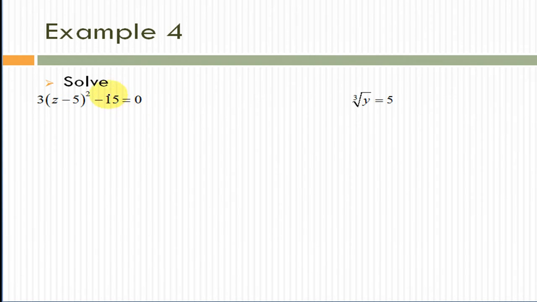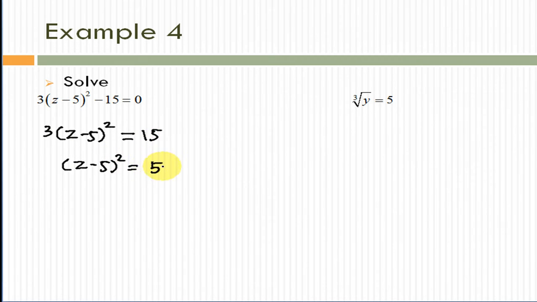Clearly we don't want that negative 15, so let's move it to the other side. 3 times (z minus 5) squared equals 15. We don't want that 3 either, so we divide both sides by 3. (z minus 5) squared equals 15 divided by 3, which is 5.